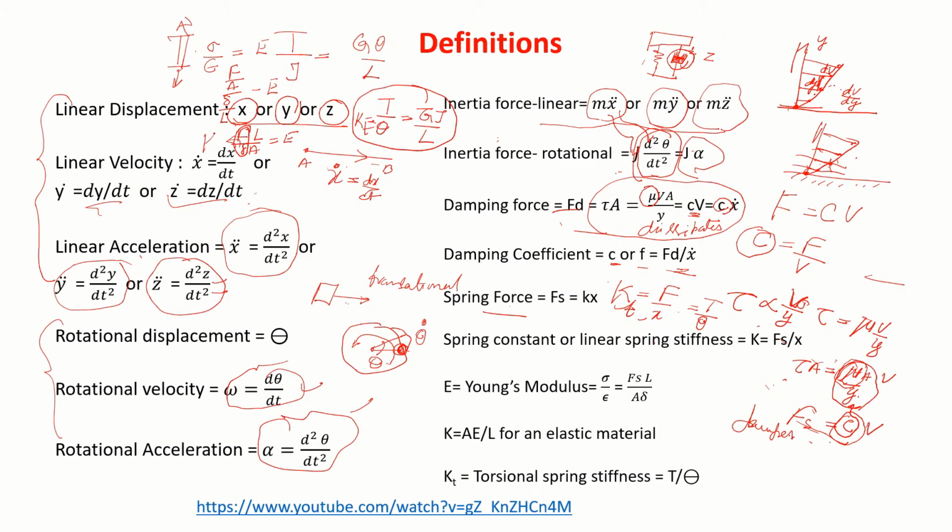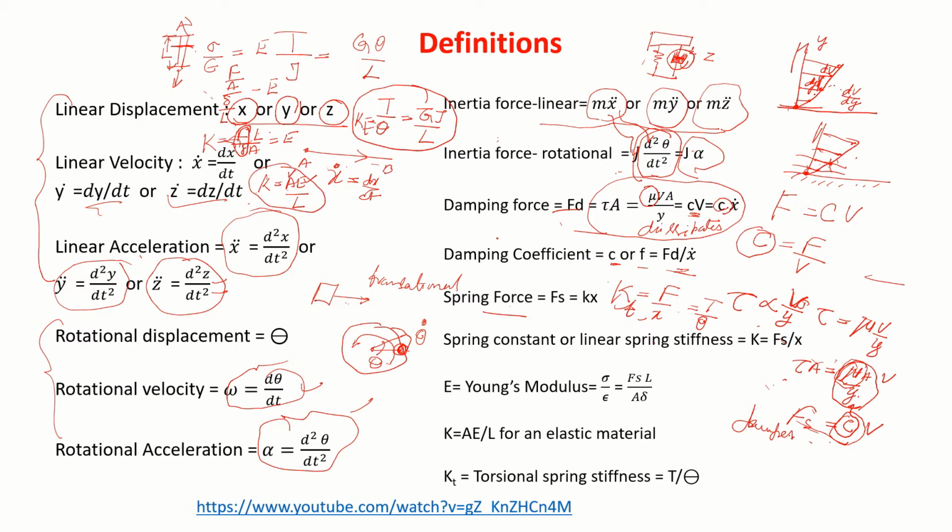So K is nothing but AE by L. What is A? A is the cross section of this rod. E is the Young's modulus. L is the length of this rod. So I can find the linear stiffness of that. Okay, that is stiffness.